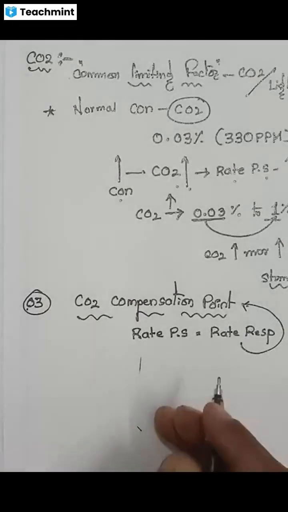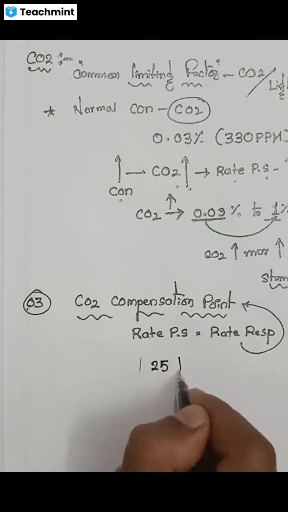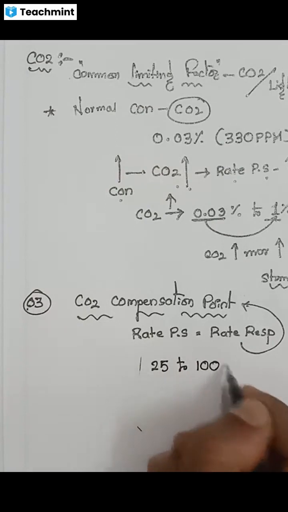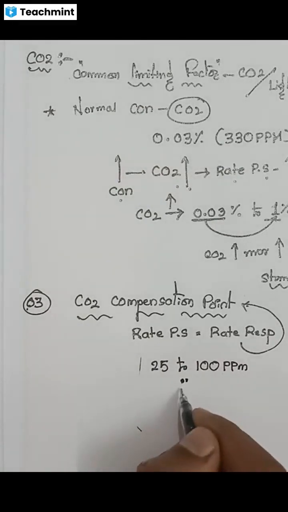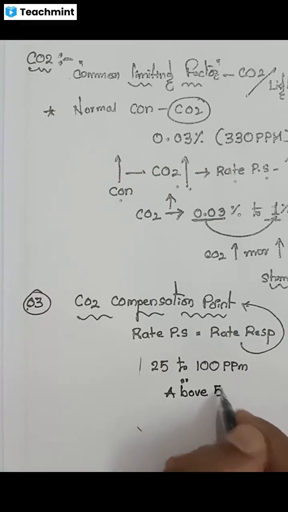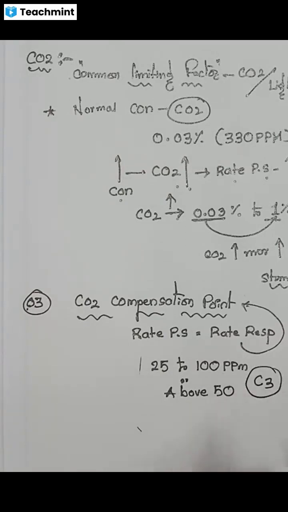The carbon dioxide compensation point in C3 plants is 25 to 100 ppm or above 50 ppm.